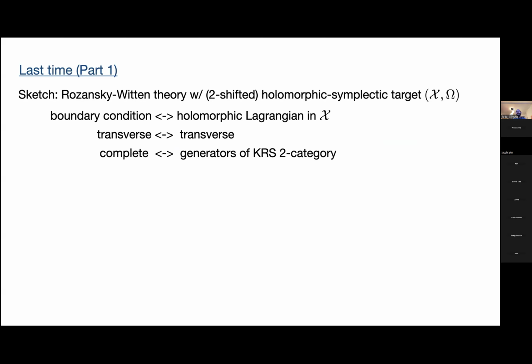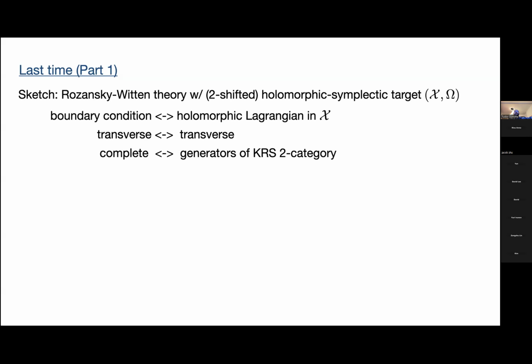Last time I saw it, it was Roberts and Willerton or something like that, more or less 25 years ago. They define it, yes. But I don't know what I should think. Should I think that it's some two-category?